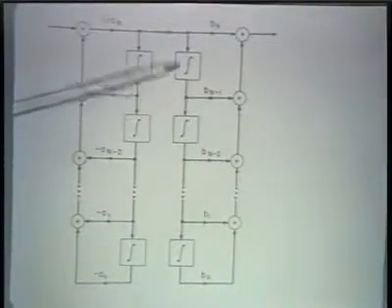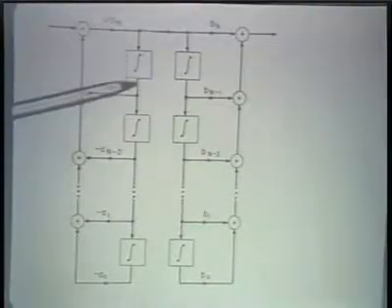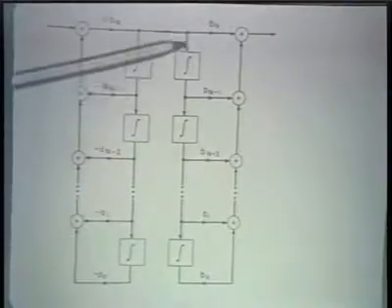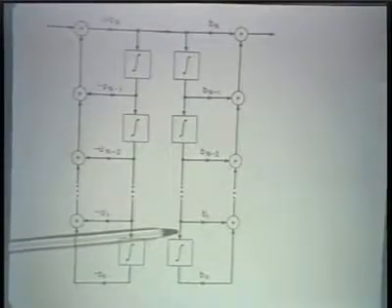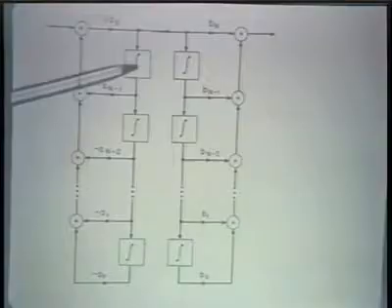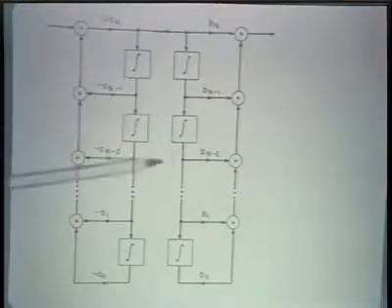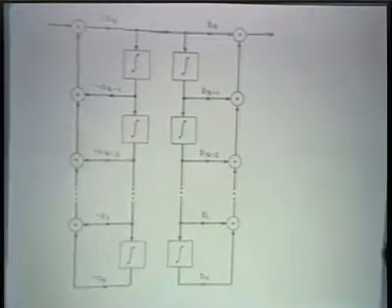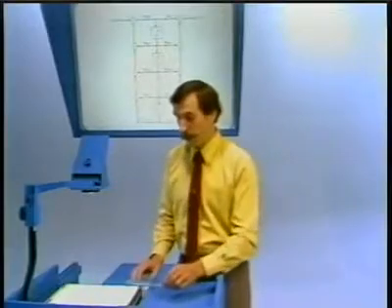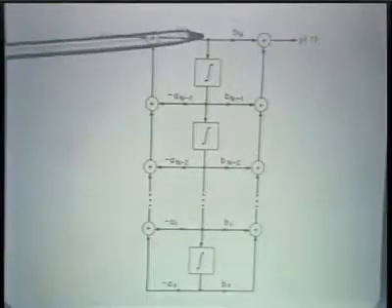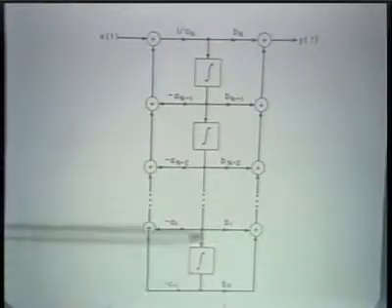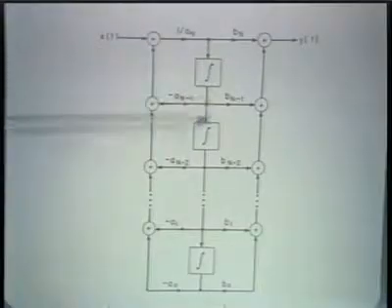Then we recognize that the input to this chain of integrators and this chain of integrators is exactly the same, and so we can collapse these together using only one chain of integrators. The system we're left with looks as I've indicated here: just a single chain of integrators instead of the two sets of integrators.